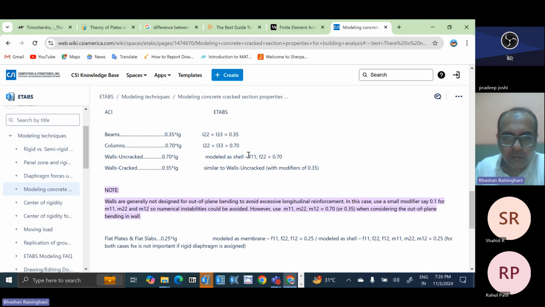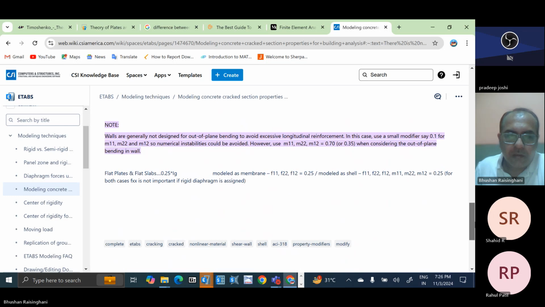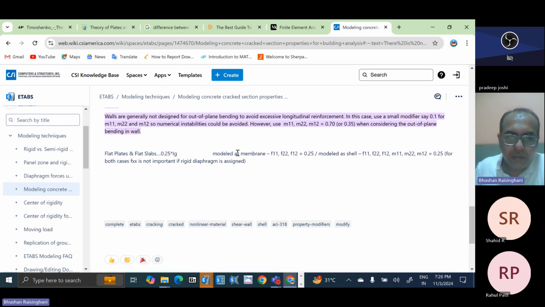For the shear wall, you have to give in-plane stresses because we are not considering out of plane for the shear wall. But if you are considering out of plane for the shear wall, then you have to give for the moment as well. Now, when we reach the membrane definition, it says that in-plane forces are to be given 0.25, not the moments, if it is a membrane.